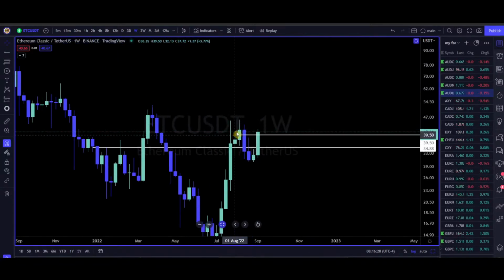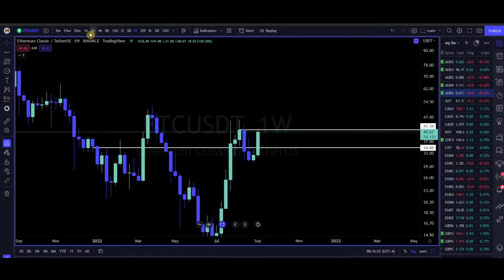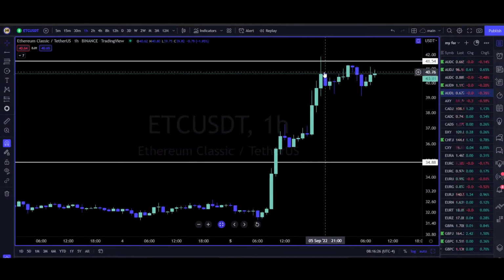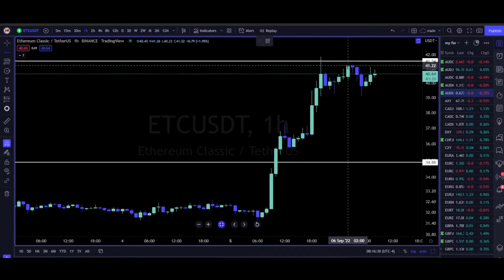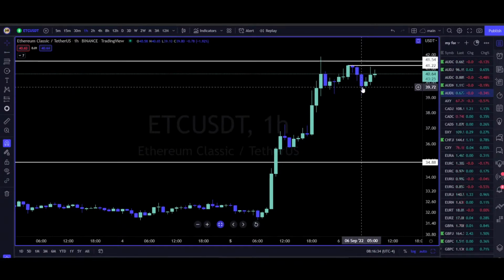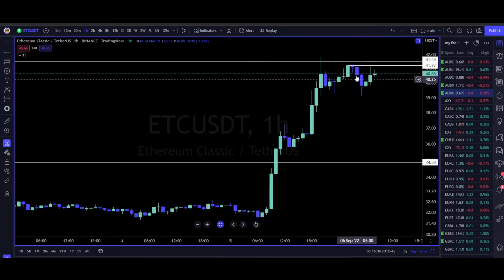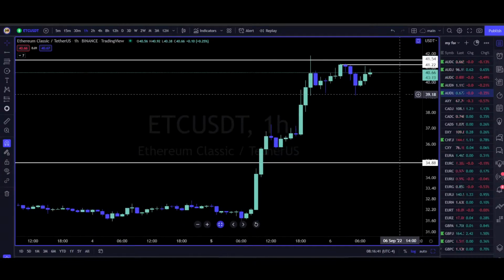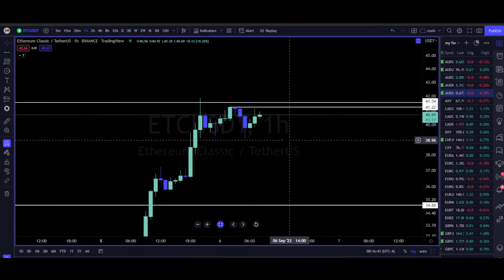Got weekly resistance right there. You tagged it once. If you like it for the short, I don't. It's extremely strong. Support is here, so that would have to be the profit target. That would be entry target. Very small range trade. I would probably leave it alone.